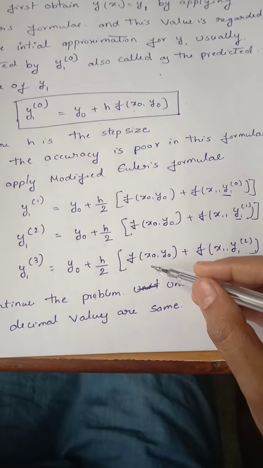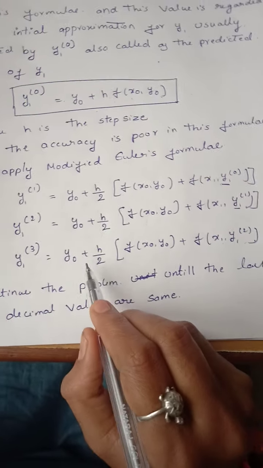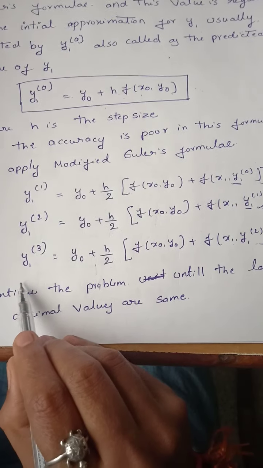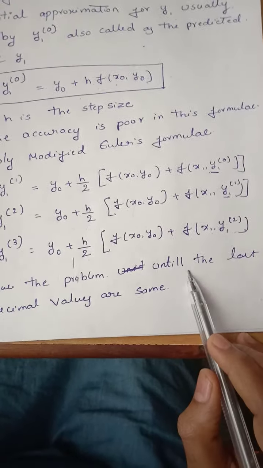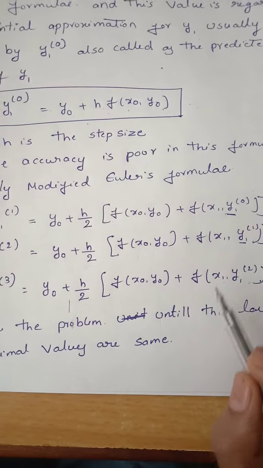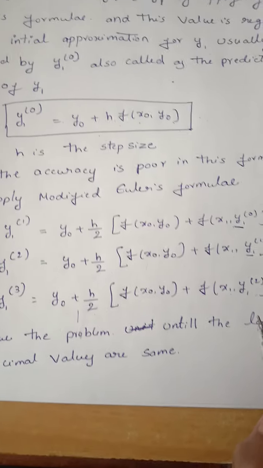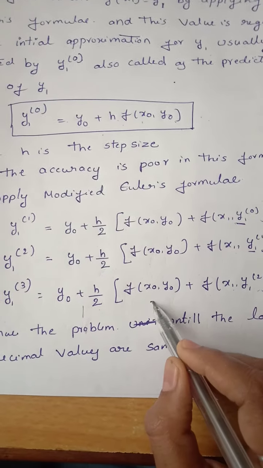We have to continue the problem with these formulas, similarly y1 of 4, y1 of 5, like that, until the last decimal values are the same. That means at least 3 to 4 decimal values are the same.